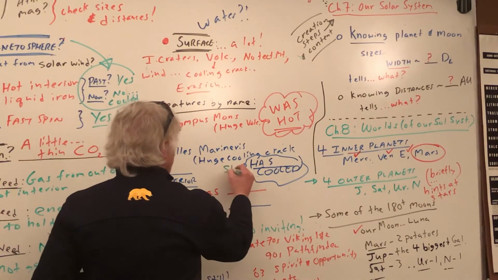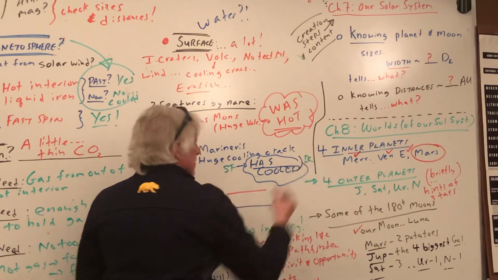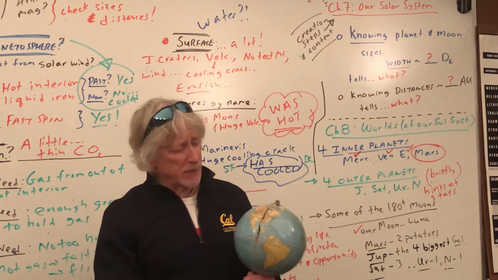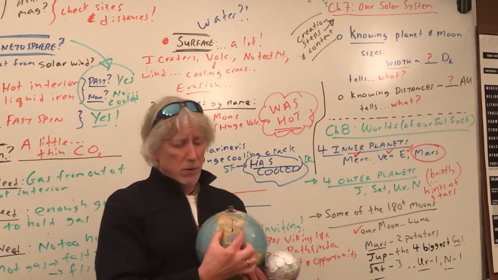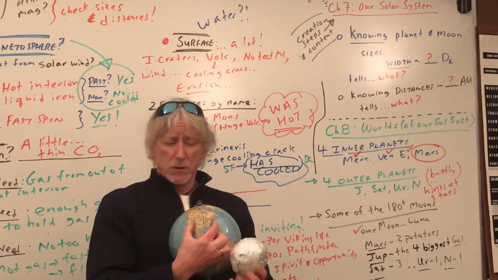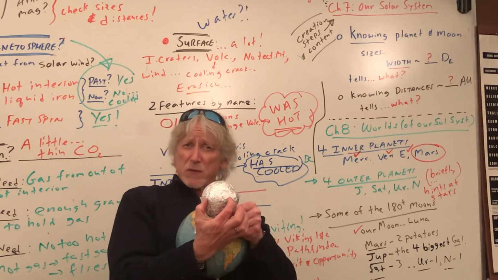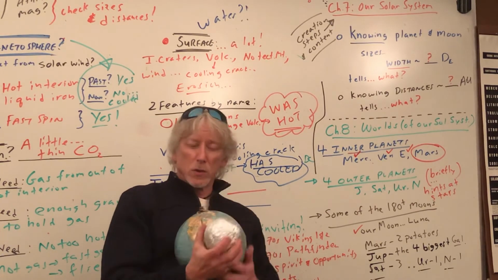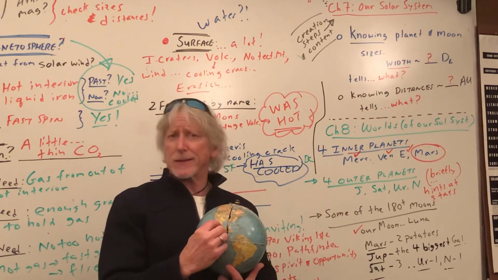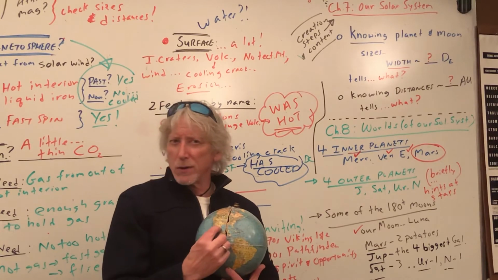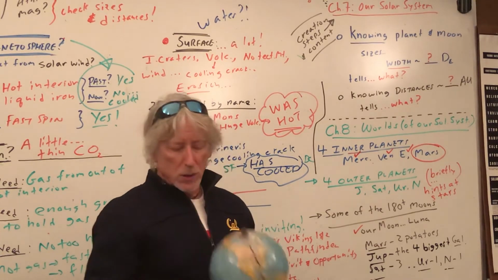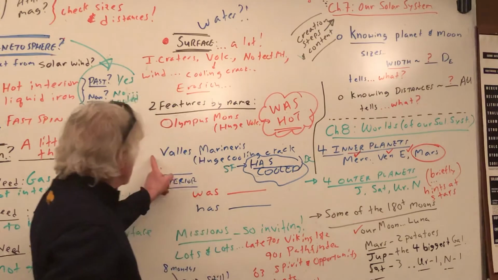From SF to Washington, D.C. How big is that on here? Across Earth, it's here. Across Mars, it's across much of the face of Mars. Cooling crack. I mean, the Grand Canyon is just like a little whatever, right? Compared to this cooling crack, Valles Marineris.